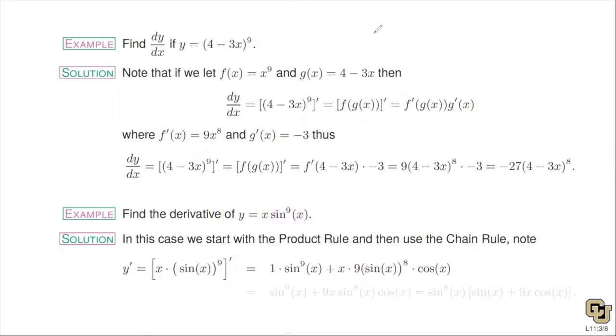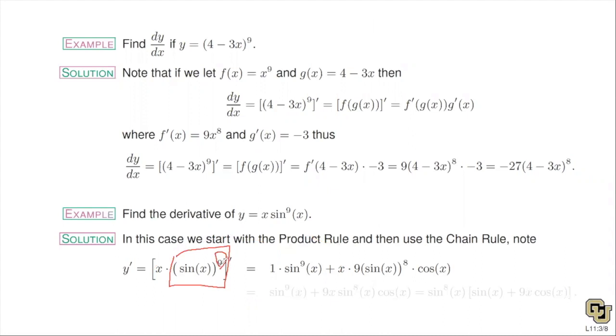So we take all this junk off, take a look at it again. Let's go slow. First, it's a product rule. So here, derivative of the first times the second, plus, I copy down the first function, which is just an x. Now for the derivative of this function, I see a composition.